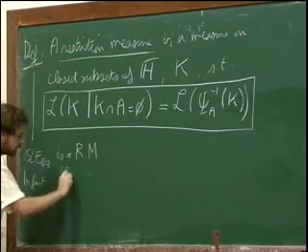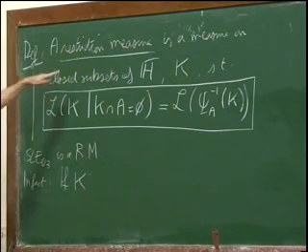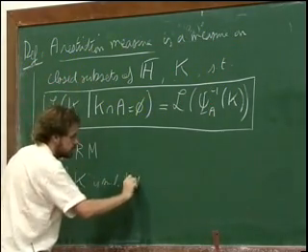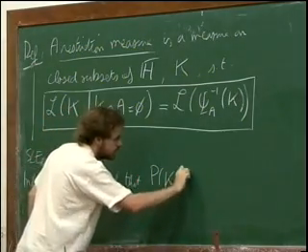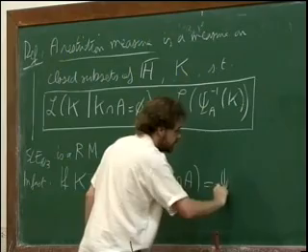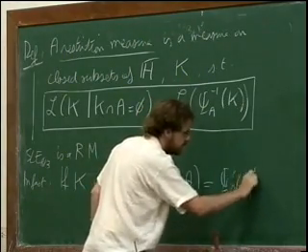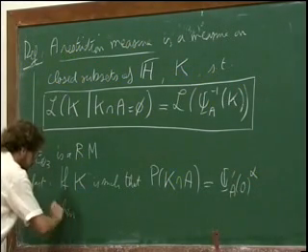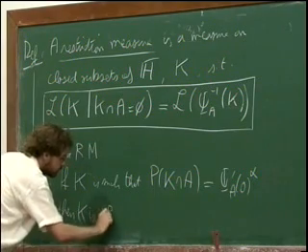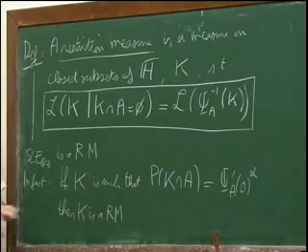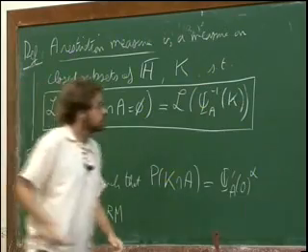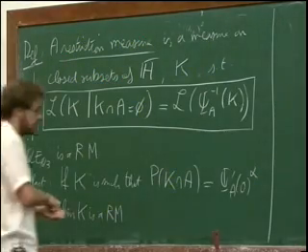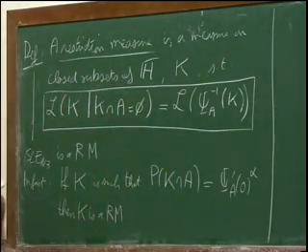If K, which is a random closed subset of H bar, is such that the probability that K avoids A is equal to psi prime A of 0 to some power alpha for some positive alpha, then the law of K is a restriction measure. So you will have the restriction property as soon as the probability to avoid the set is given by a derivative at 0 of a conformal map that removes the set.